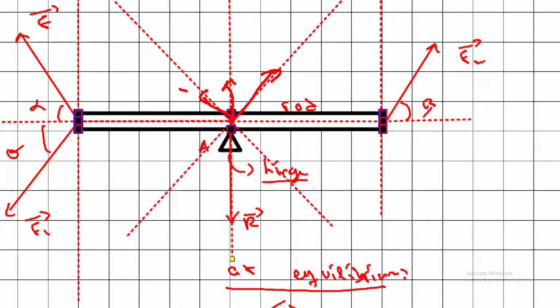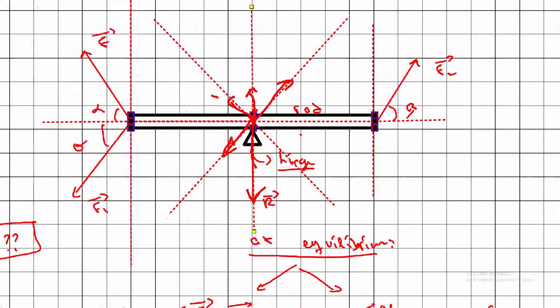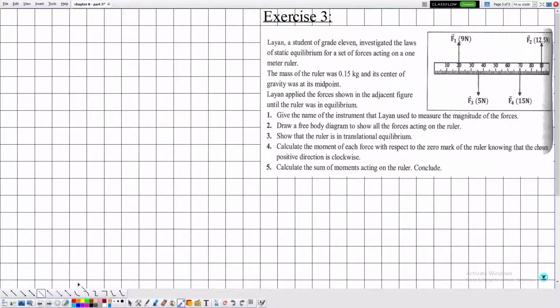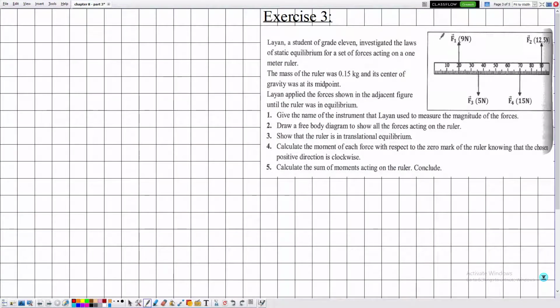Okay, and in particular the reaction R. Okay, so now let's move on to this exercise. They are telling me exercise number 3.